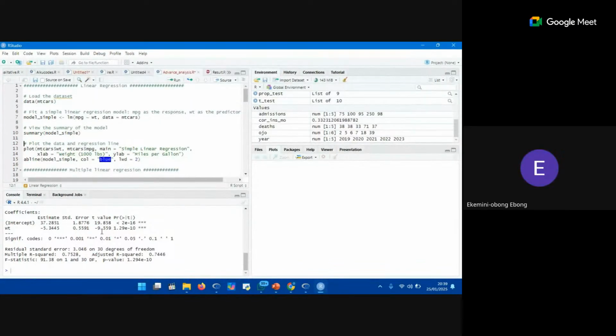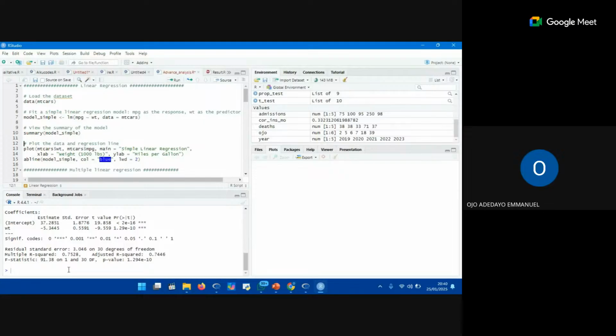Now, this is the result of that simple linear regression. We have the estimate, the intercept is this, and then we have the weight. The value for the weight under the estimate is minus 5.344. Then we have the standard error, the t value, and the p value.